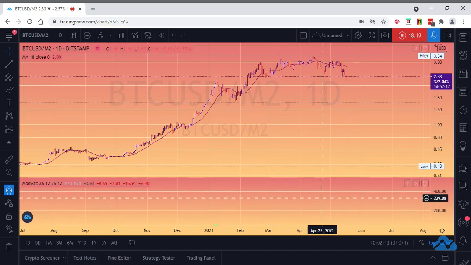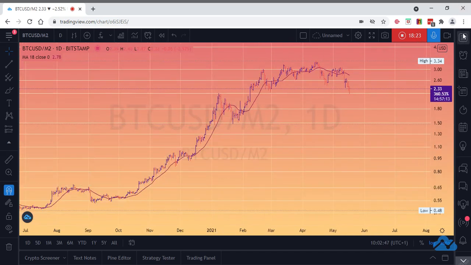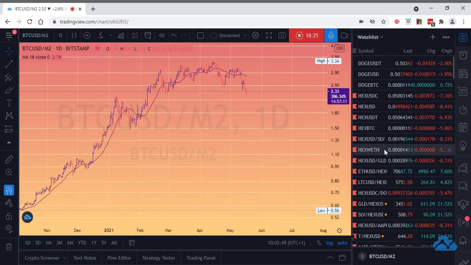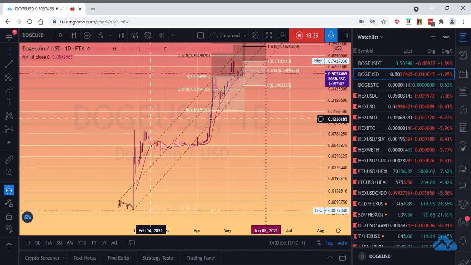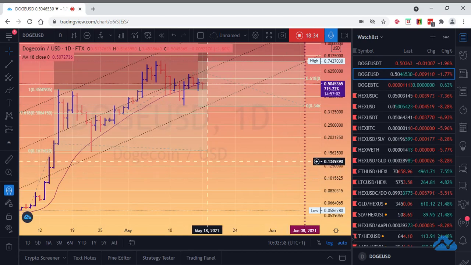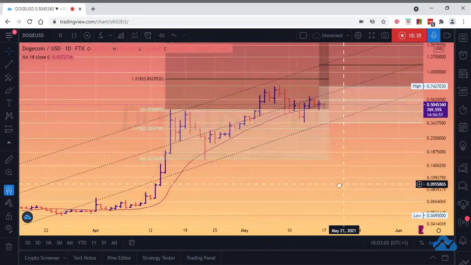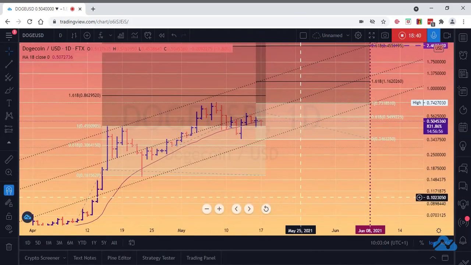We shall see. Let's have a quick perusal of the rest of the markets. Doggy coin back above 50 cents. Sorry, this looks kind of messy, doesn't it?